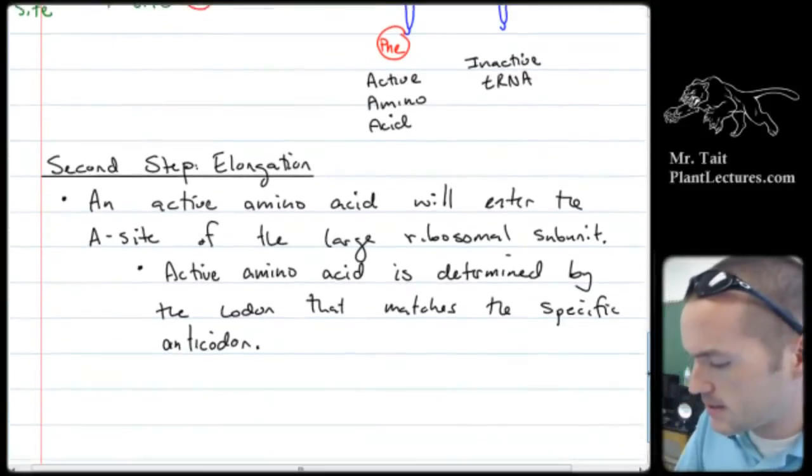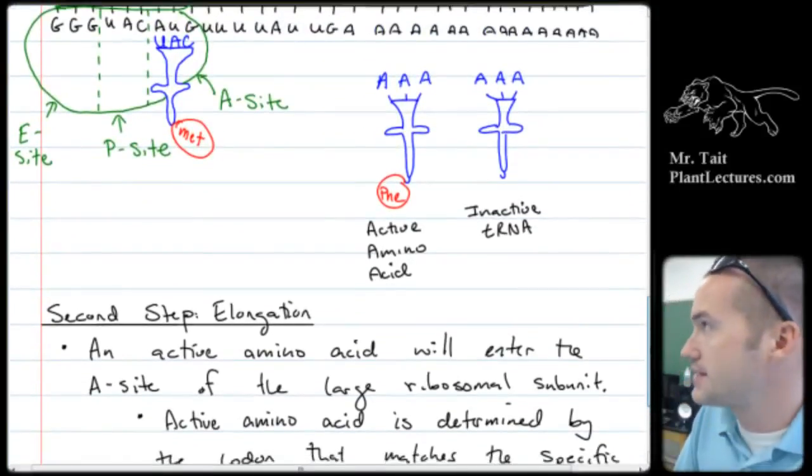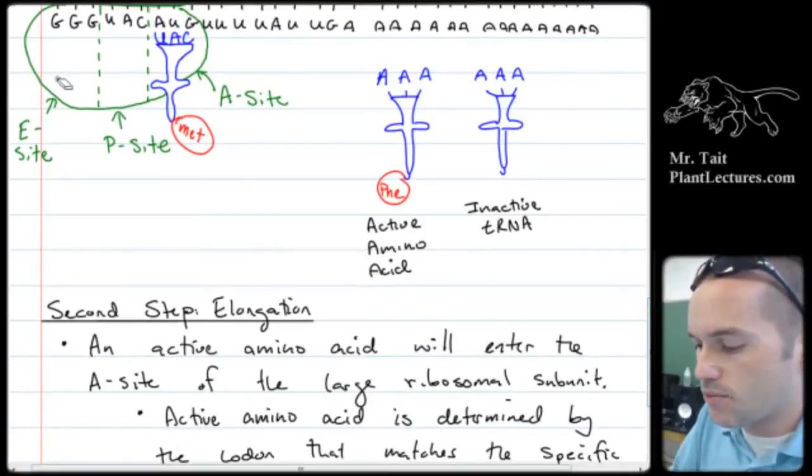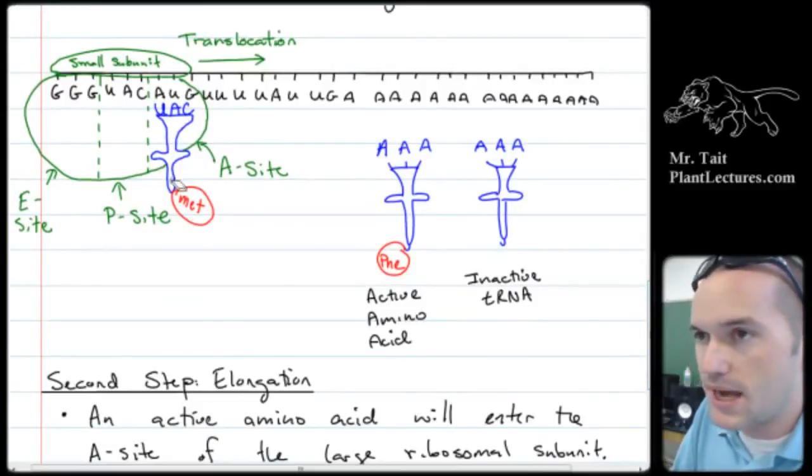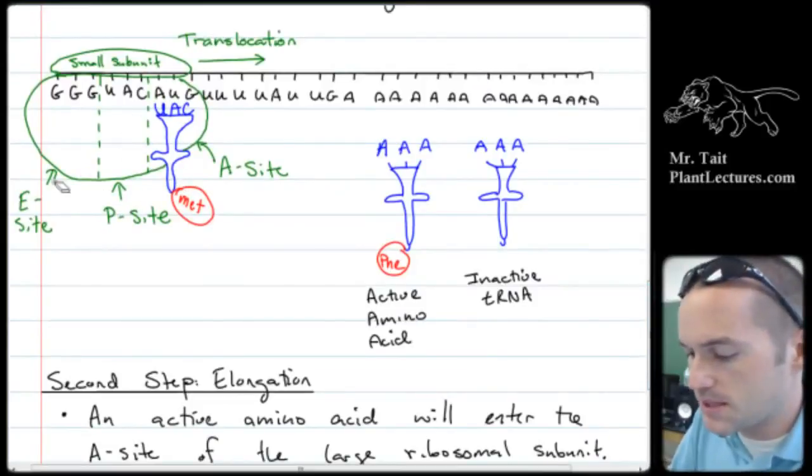Okay, that makes sense. Then after that is in the A site, the ribosome is going to move one location to the right. Whatever was in the A site will go to the P site. Whatever was in the P site will go to the E site.